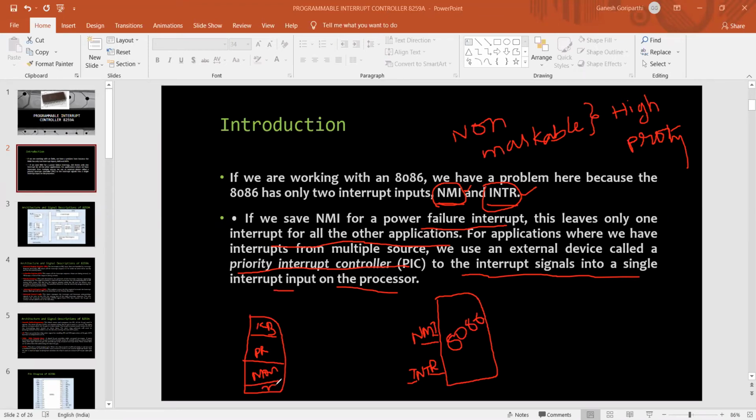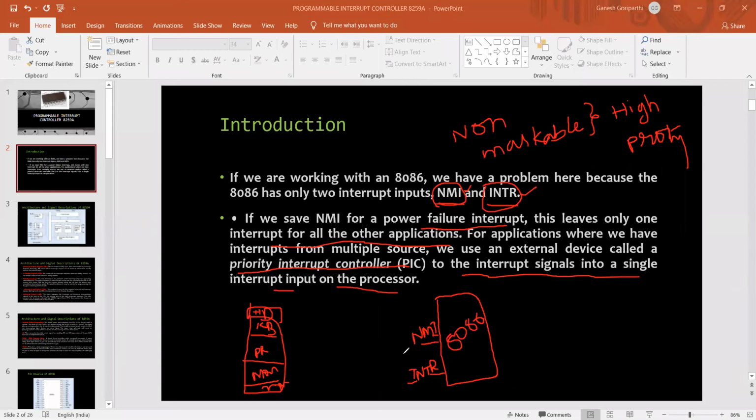So these are some devices that are connected to it. Suppose the keyboard has to communicate with the processor, the printer has to communicate with the processor, the monitor, the mouse, or the hard disk that we connect, the hard disk has to communicate with the processor.